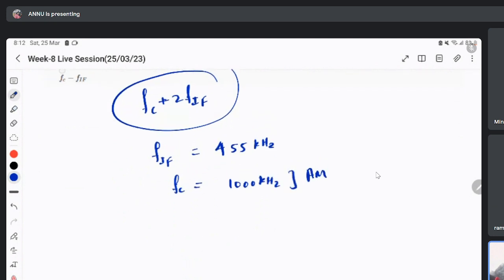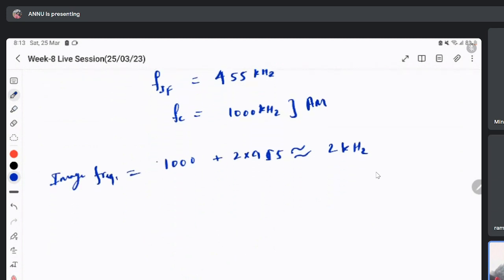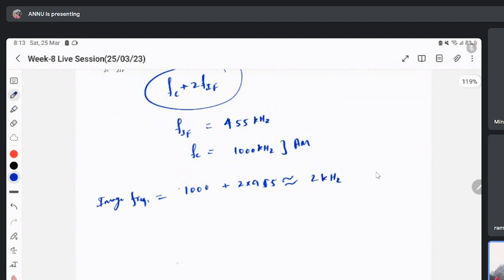And what can we calculate? 1000 plus 2 into 555. The image frequency will lie around 2 kilohertz. Why am I telling this? Let us see. FC is 1000 kilohertz, or 1 kilohertz we can say, and FIF is somewhat 0.5.